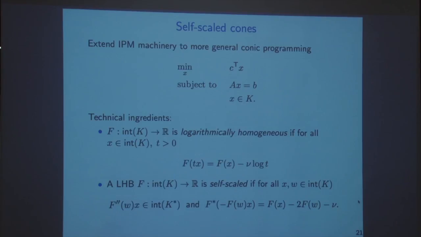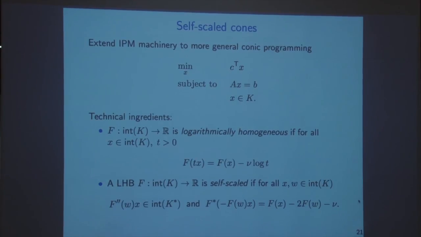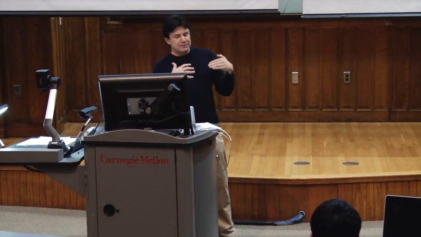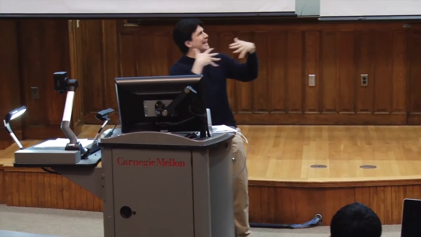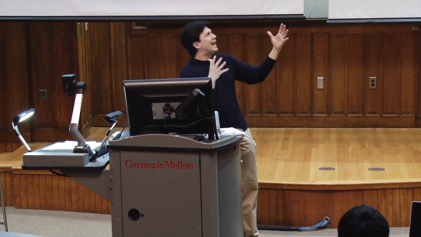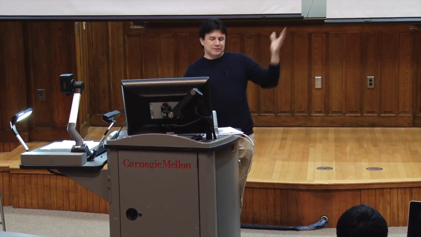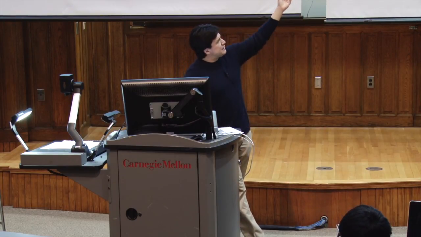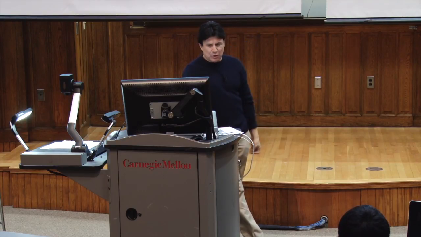So again, Nesterov and Todd thought about whether all that we have built for linear and semi-definite programming can be taken further to a wider class of cones, of conic programming problems. And the answer is yes, provided that you come up with a suitable barrier function for that cone.